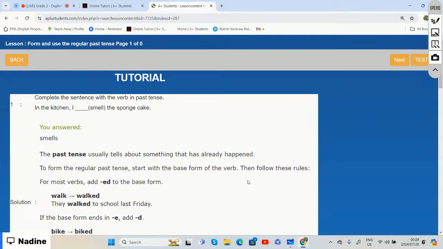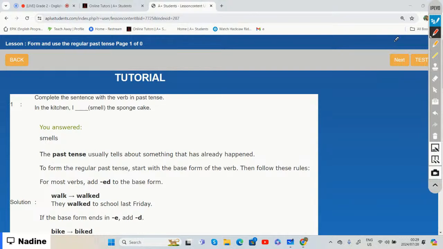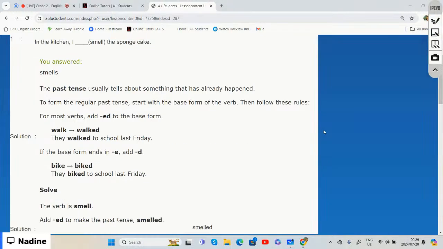So we can say, in the kitchen, I smelled the sponge cake. So smelled, because we added an ed to that word because it does not end with an e. So smelled is our correct answer.